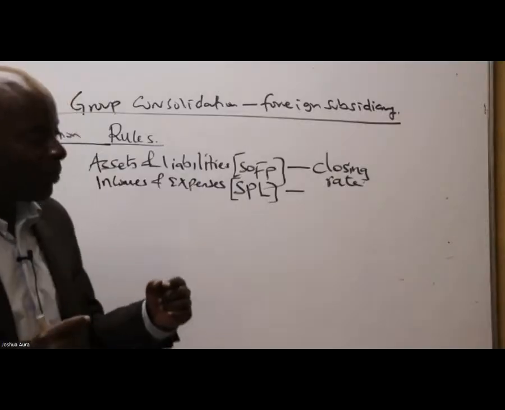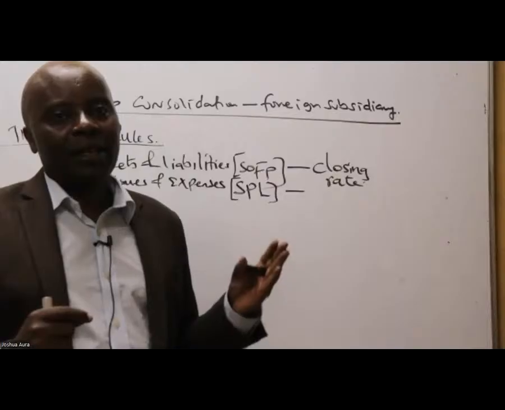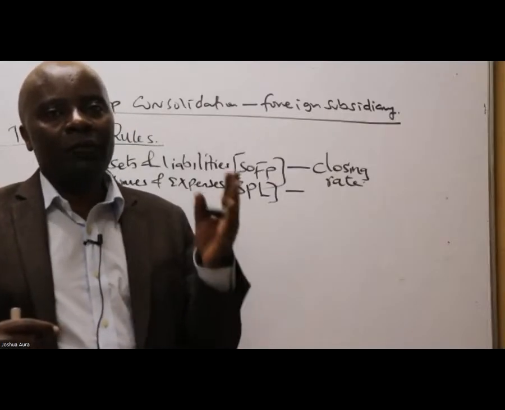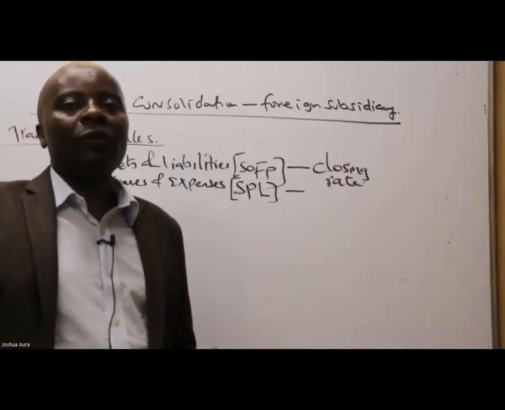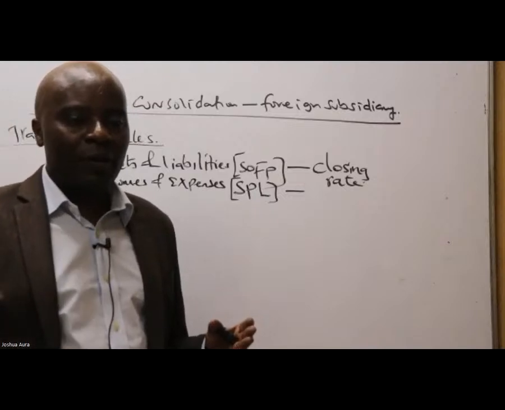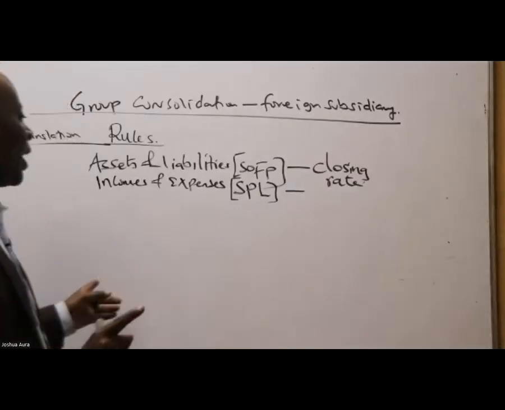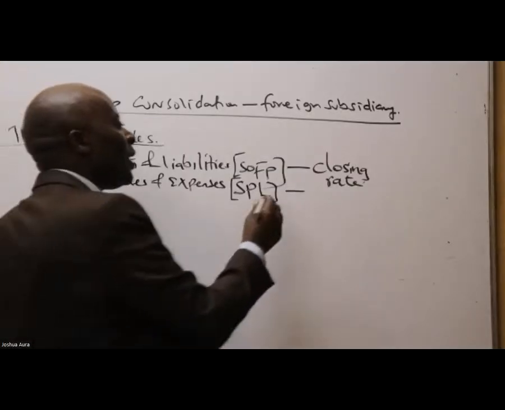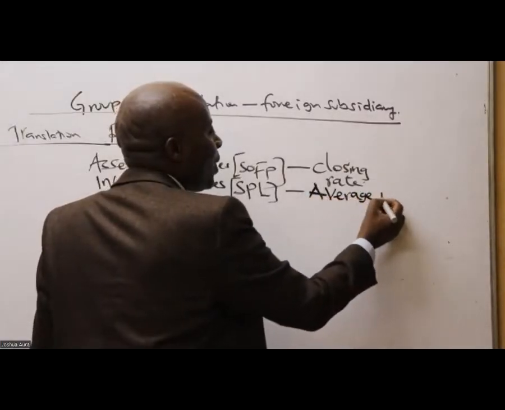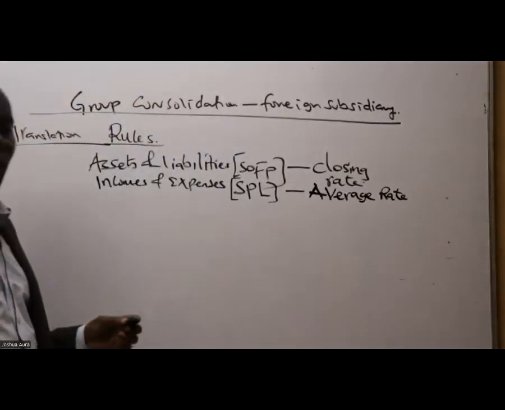You'll be getting, ladies and gentlemen, like sales revenue coming to us on the 1st of January, on the 5th of January, on the 12th of December, etc. So over the whole year, we have what we call transactions. So always, incomes and expenses, we shall be translating them using the average rate.